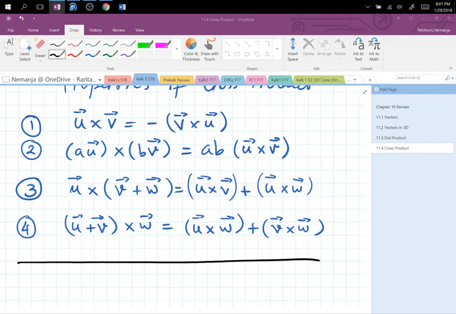So if this is the x-axis and that's the y-axis and that's the z-axis, you see that the I and J components create the xy plane, and then the z is perpendicular.